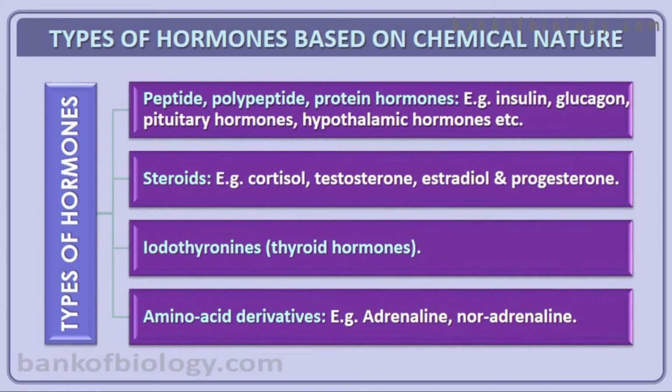What about steroids? Examples: cortisol, testosterone, estradiol and progesterone. All these are steroid hormones. Iodothyronines are secreted by the thyroid. Then amino acid derivatives, for example adrenaline and noradrenaline.